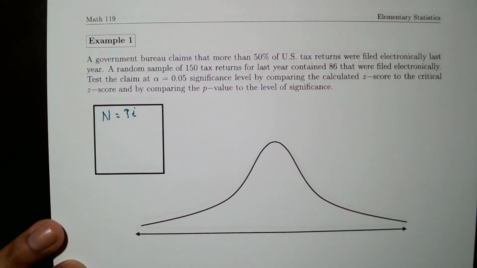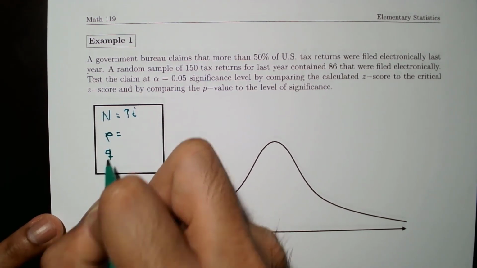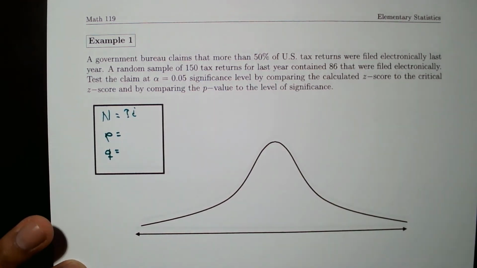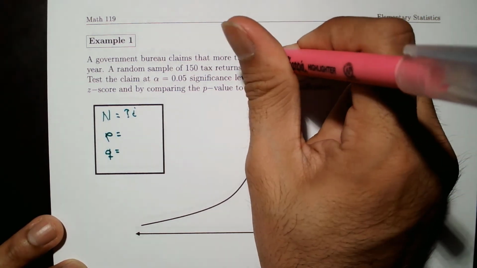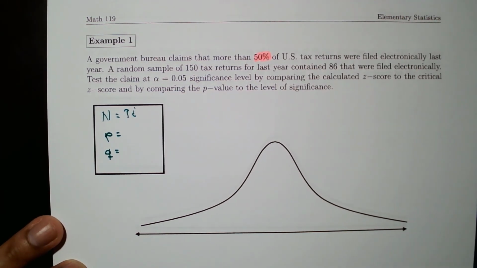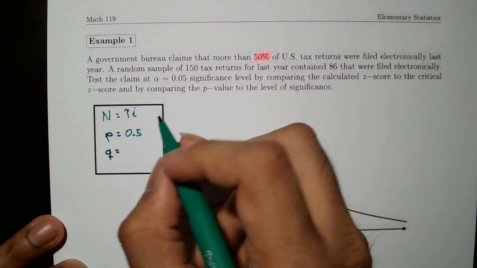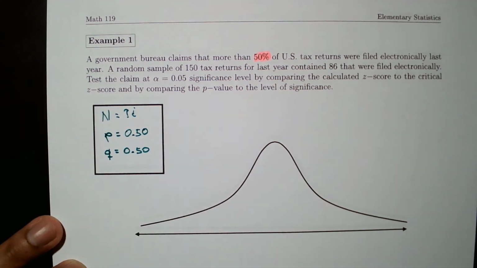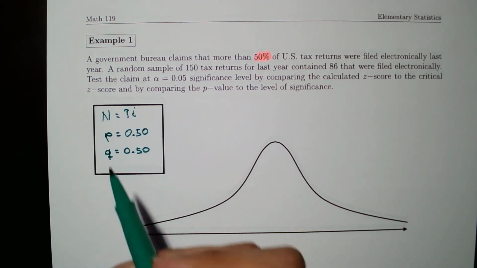Let's say we don't have access to that information. P is the probability of success, and Q is the probability of failure. In this case, that's going to be obtained from the original claim, 50%. But that 50% should be converted to decimal: 0.50, and 0.50 for the complement. So this is all the population.